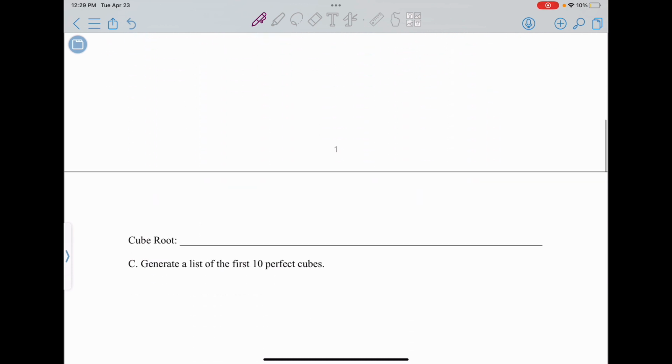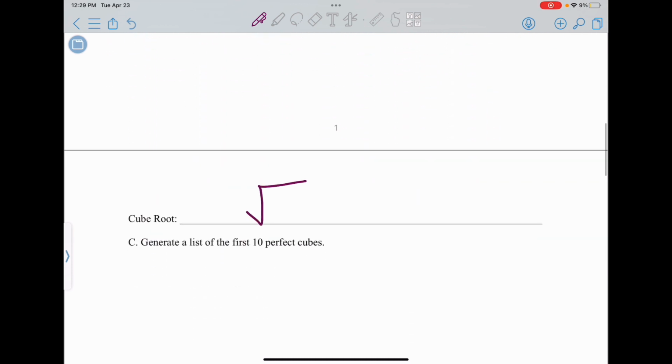A cube root has the root index of 3, and it's asking what value multiplied by itself 3 times will get the number on the inside. So for example, I want to know what number times itself 3 times will get me 8.